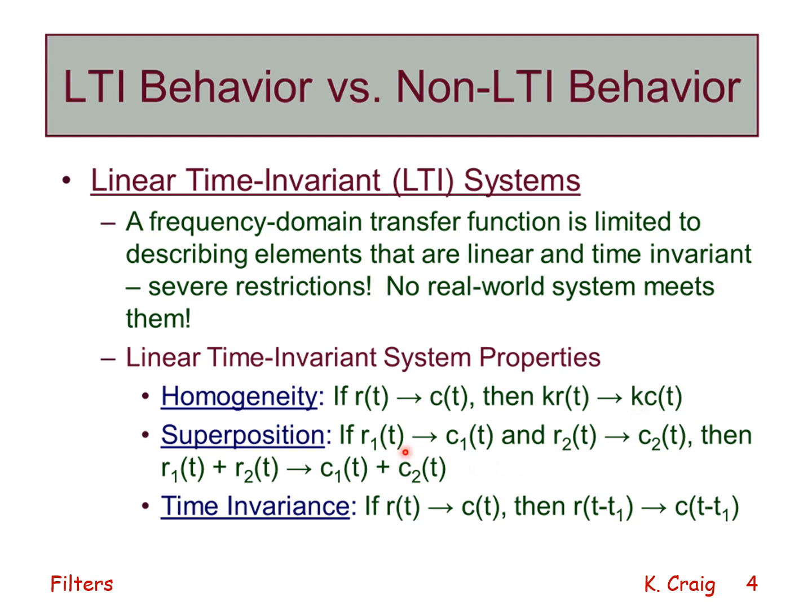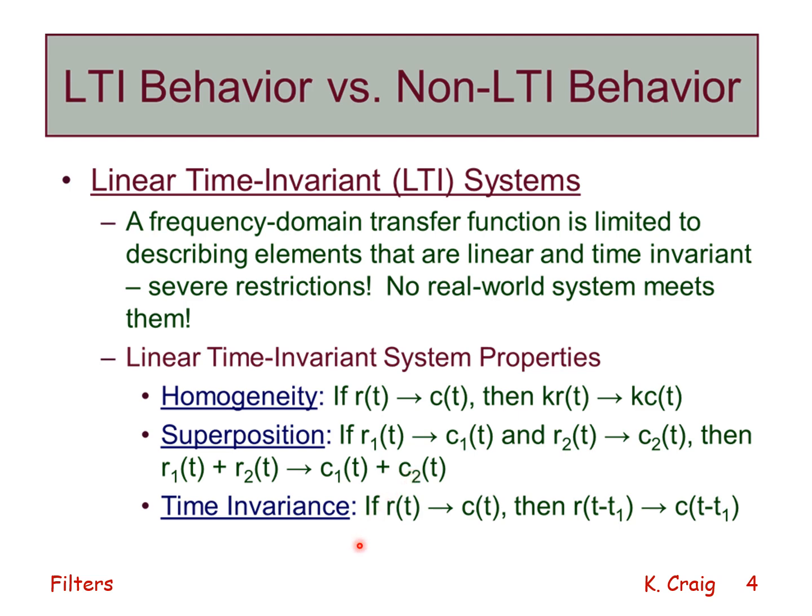Superposition: if R1 is an input to the system and C1 is the response to that input, and R2 is an input and C2 is the response to that input, then if these two inputs are applied simultaneously, R1 plus R2, the output will be the sum of the individual responses, C1 plus C2.